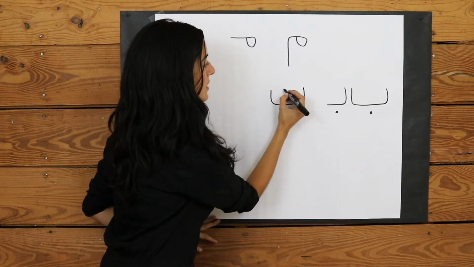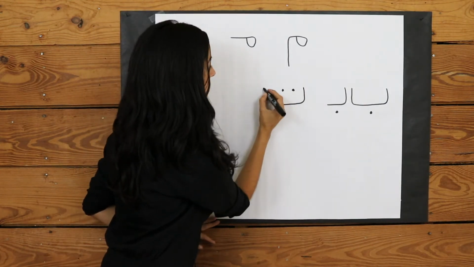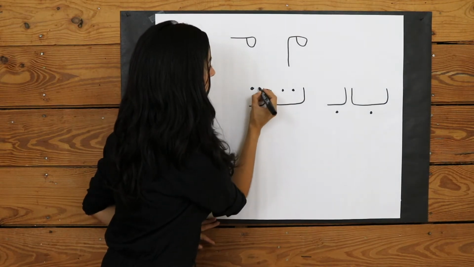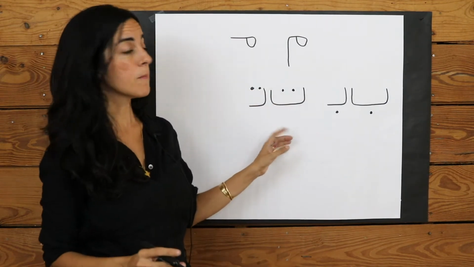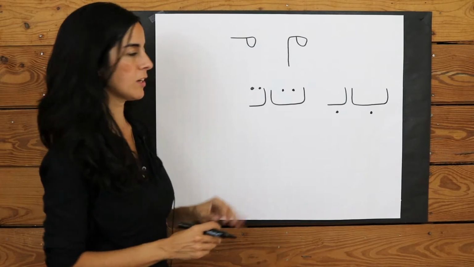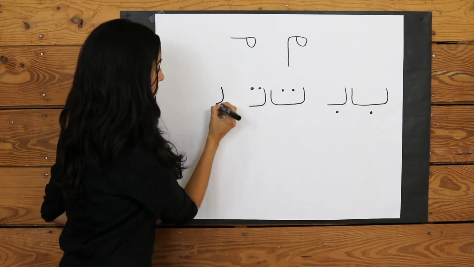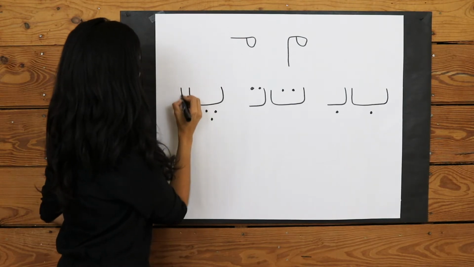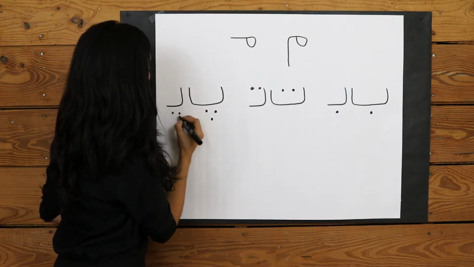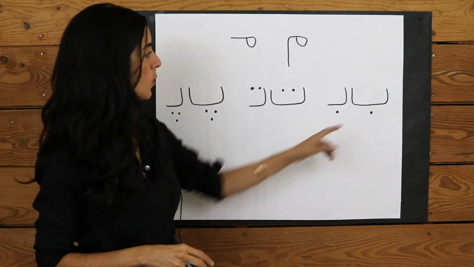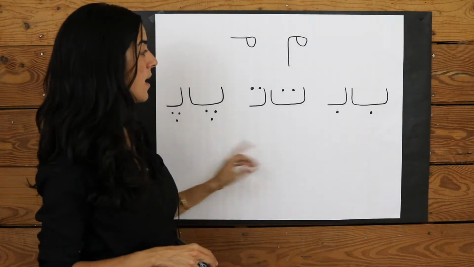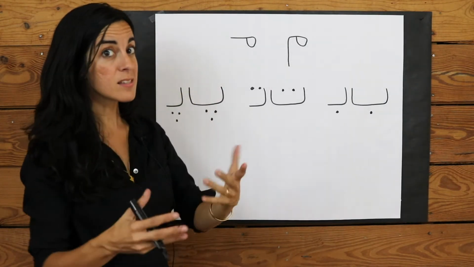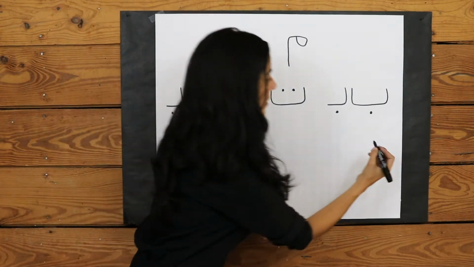Next, when we have that same base, but we have 2 dots above it, becomes te. Te bozorg, te kuchik. When we have that same shape, 3 dots underneath, it becomes a pe. So be, te, and pe, they're all the same bases, just different dot configurations.